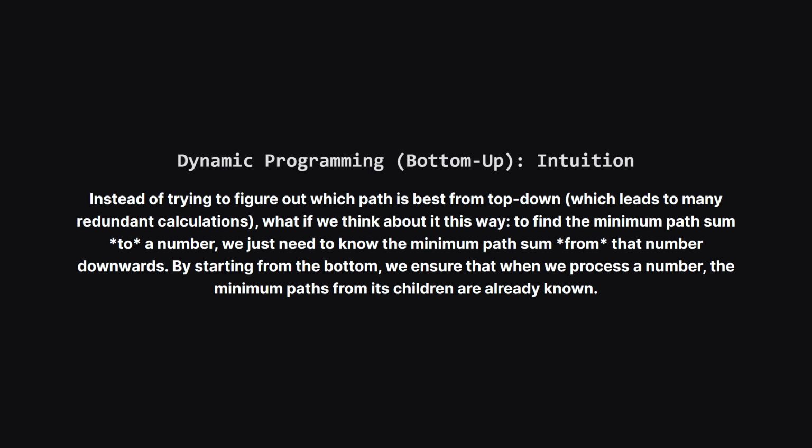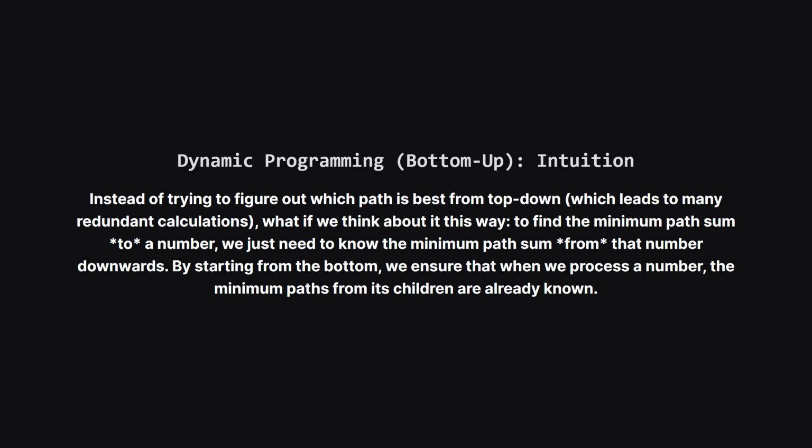The intuition behind this bottom-up approach is quite clever. If we tried to go from top to bottom, we'd have to make decisions at each step, and we'd end up recalculating the minimum path for many subproblems multiple times. That's not efficient. But if we start from the second to last row, say at a number x, we know that to get from x to the bottom, we must go through one of its two children in the row below.